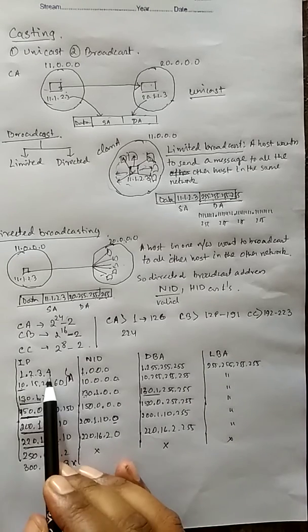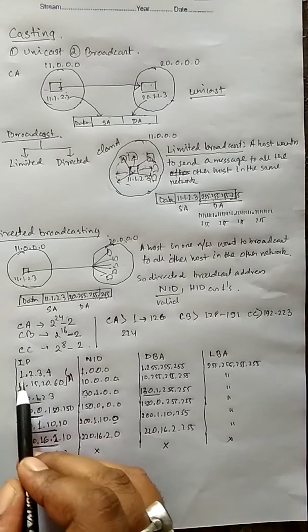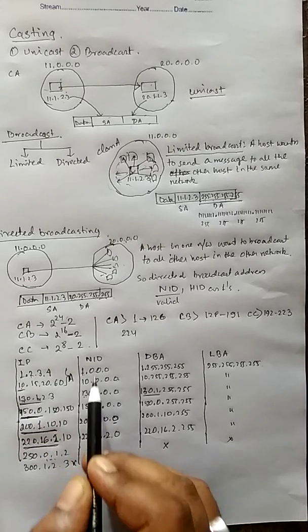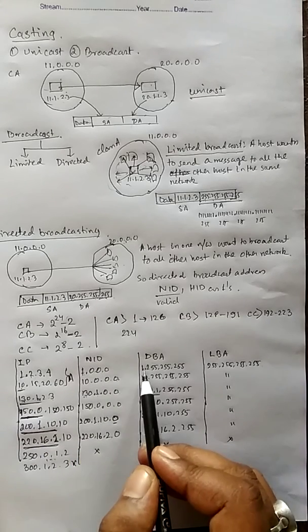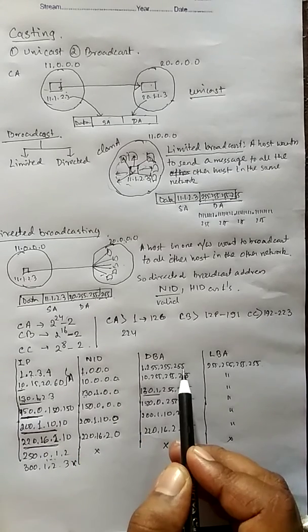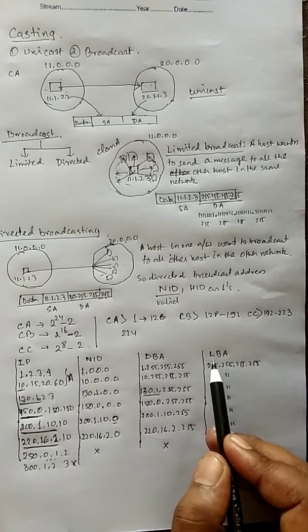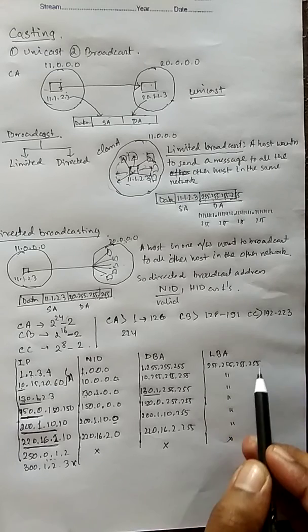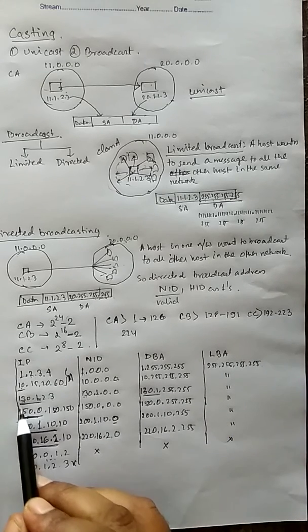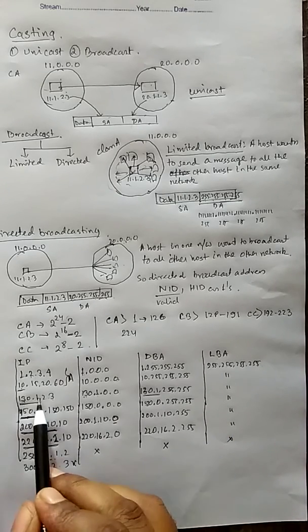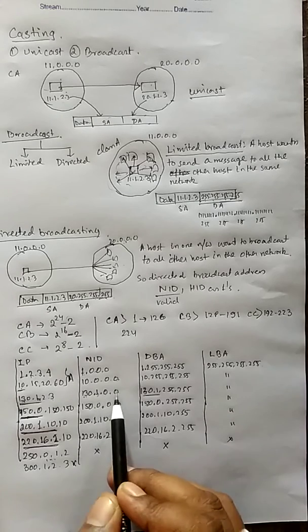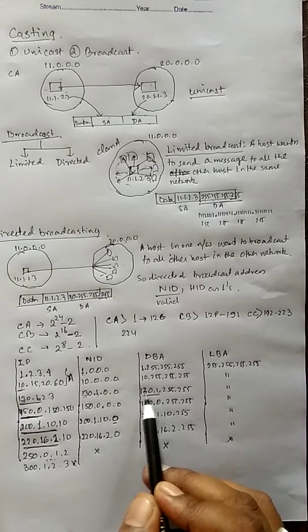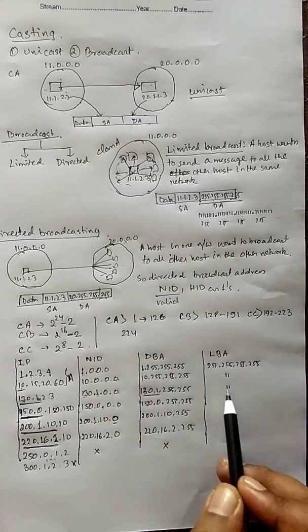Suppose this is a class A. For class A, the first octet is taken intact, and the remaining 3 are 0. For the directed broadcast address, the first octet is there and the remaining are all 255, and the limited broadcast address will always be 255.255.255.255. This is class B. For class B, the first 2 octets are taken intact, the remaining are zeros for the network ID. Same thing, these 2 are intact, the remaining 2 are 255, and the limited broadcast address is the same.